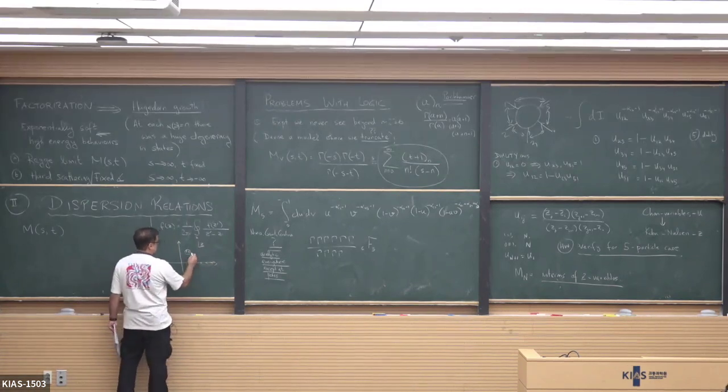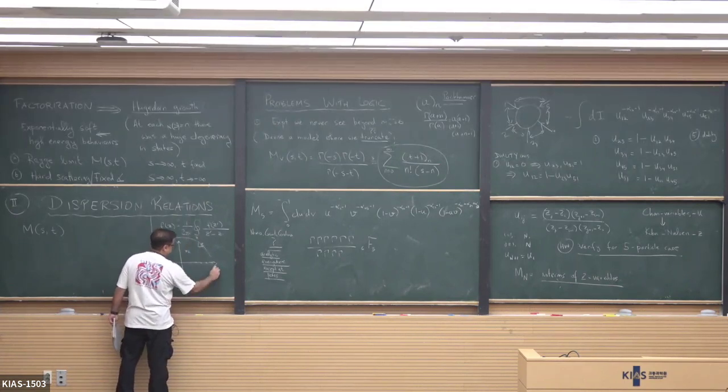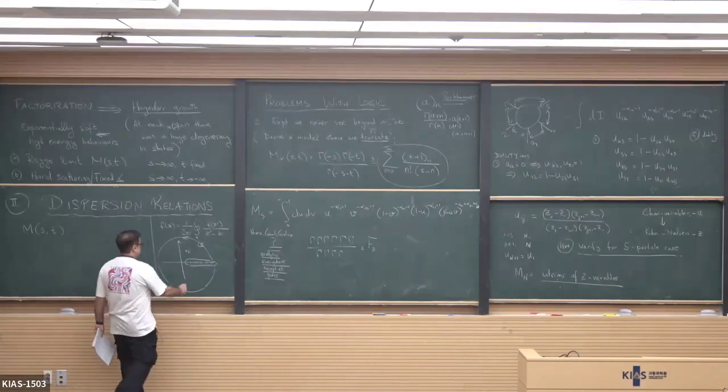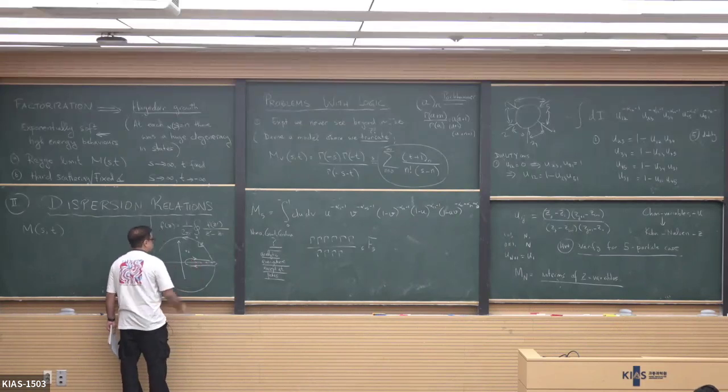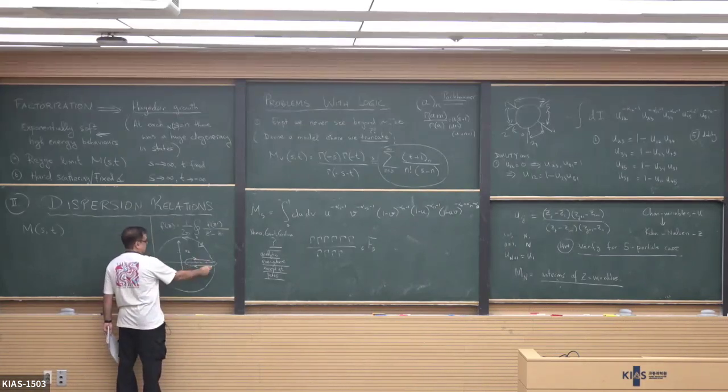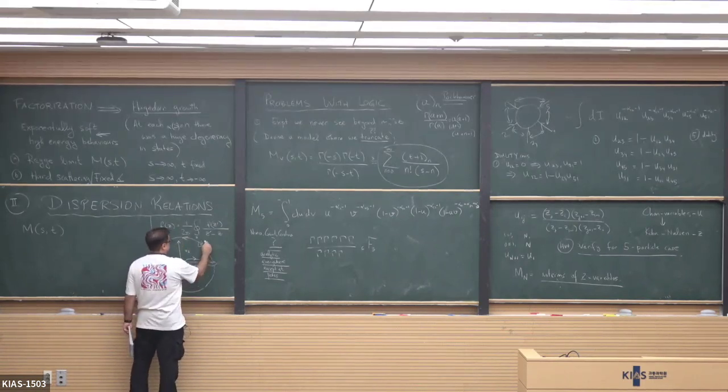Then when you unwrap the contour, you blow this contour up, you deform the contour, you basically get a big circle that surrounds the cut or the poles. And so this integral can be deformed into a line integral surrounding the poles or the cut, plus an arc at infinity.